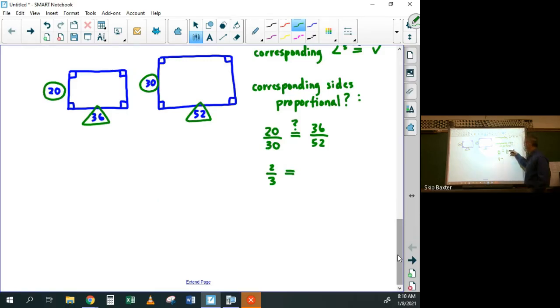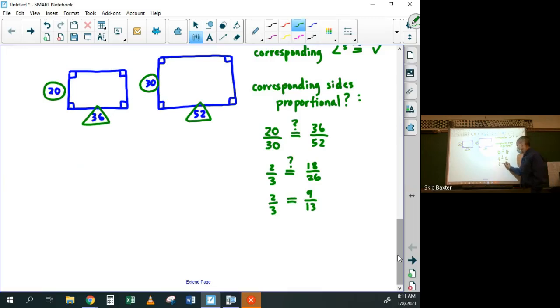So the question is, how does this simplify? Well, you can look for common factors. One thing I can do is just cut it in half, right? Cut both of these in half. This would be 18/26. Let's see if that's equal. So I can cut it in half again. 18 over 26 would be like 9/13. And I don't really think I can simplify that anymore.